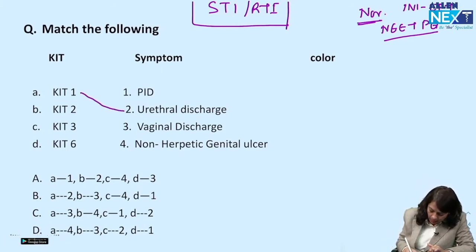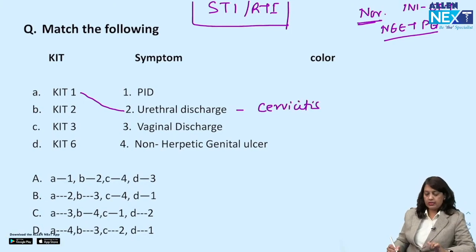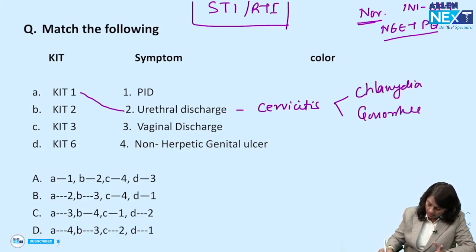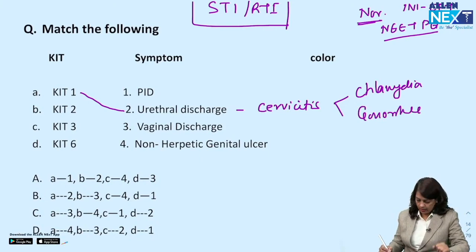Kit 1 is for, always remember, urethral discharge. That is for cervicitis. Cervical erosion, mucopurulent discharge, or urethral discharge. So that is cervicitis. What are the causative agents for cervicitis? It is either chlamydia or gonorrhea.